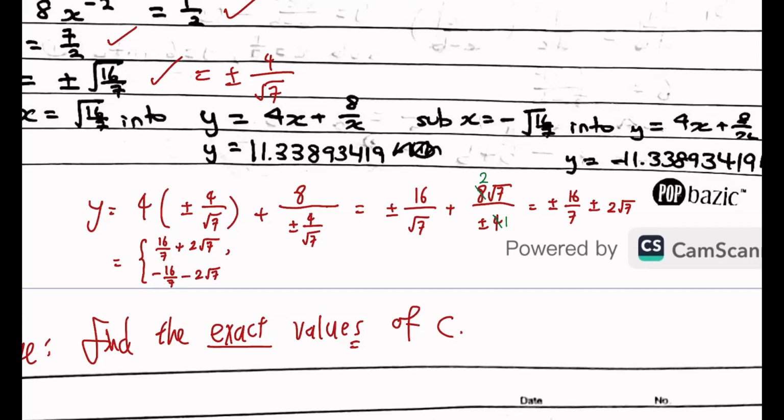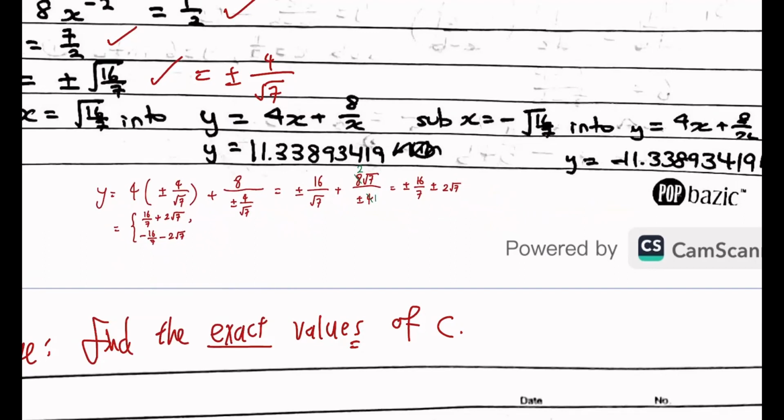Oh, I need more space for this. Give me a second. When x equals, in this case, positive 4 over root 7, comma, when x equals negative 4 over root 7.